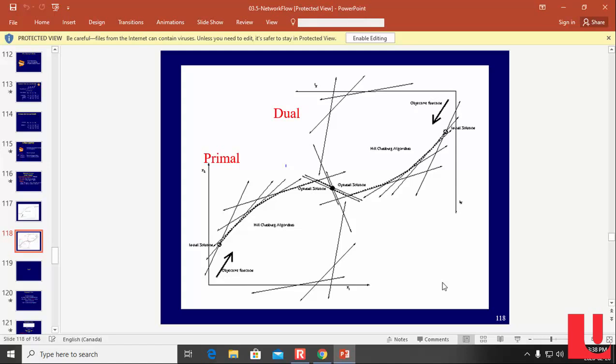And how do you take a step? You're on one intersection of these edges, of these triangles, and you slide along an edge by relaxing one triangle and tightening up another triangle. Linear programming. Everybody good?